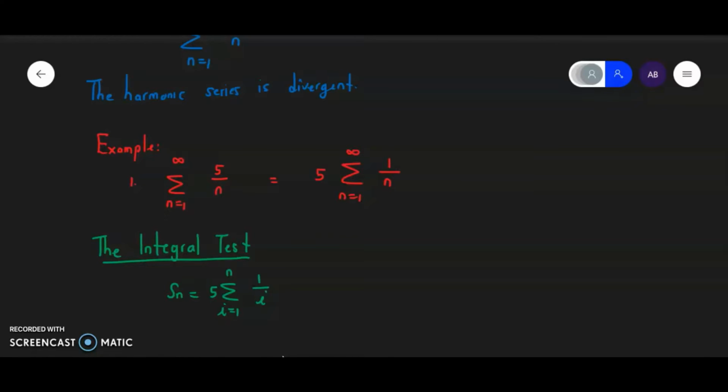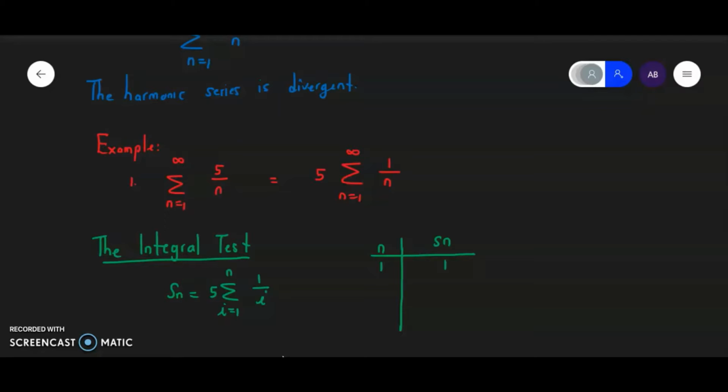Okay. Now, what happened here? If I draw a table now, which is n and Sn. Let's start with 1. When n is 1, I have 1 here.